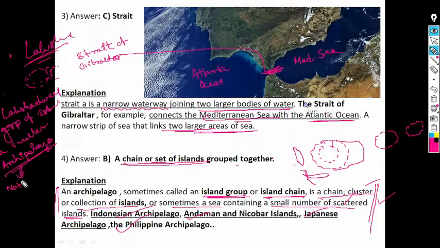Right? Nothing wrong in that. If we say Lakshadweep group of archipelago, it is a smaller group of islands.